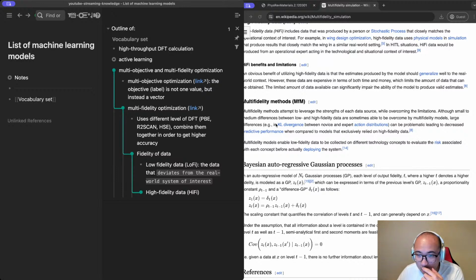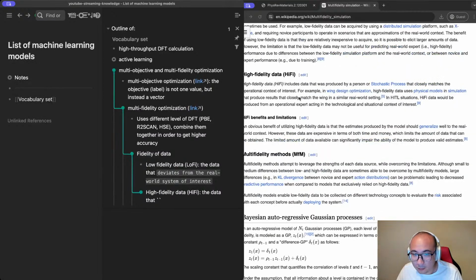Although small to medium differences between low and high fidelity data are sometimes able to be overcome by multi-fidelity models, large differences can be problematic, leading to decreased predictive performance. Yeah, I think that is also important. The data that closely matches the functional.